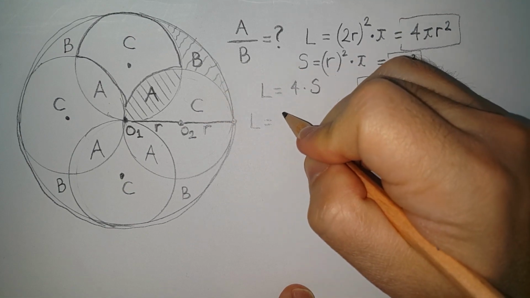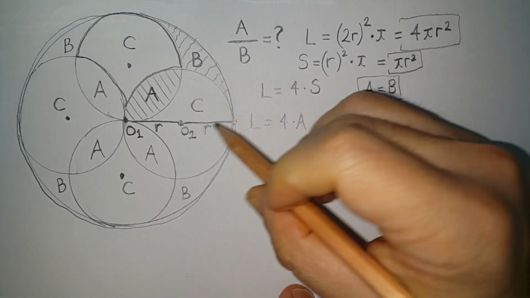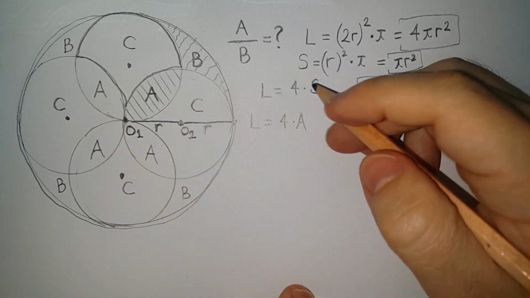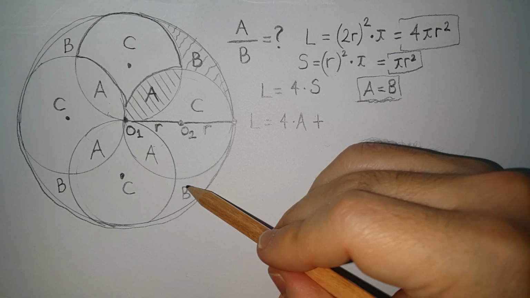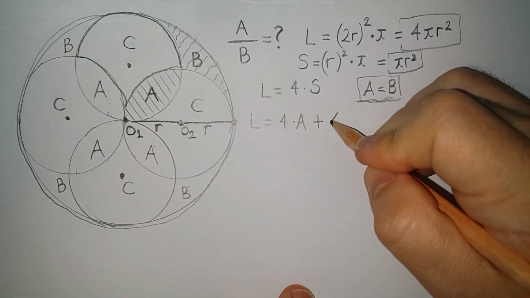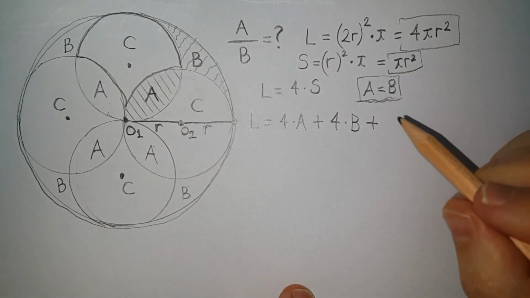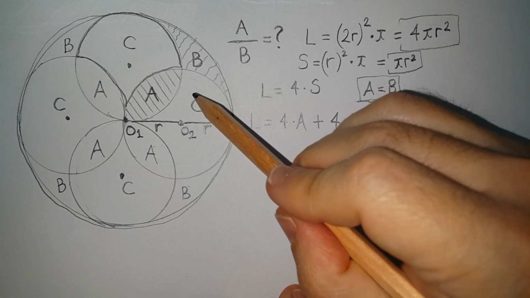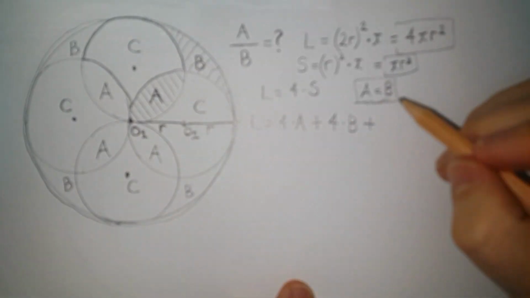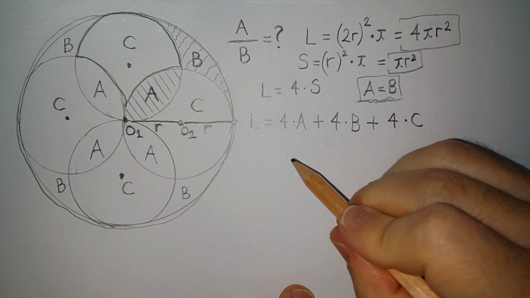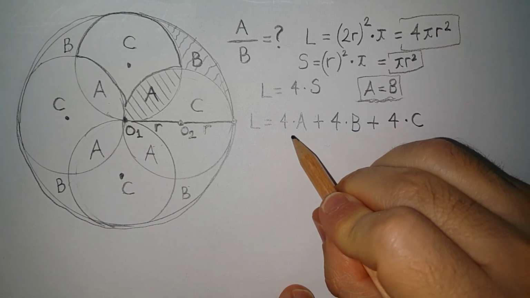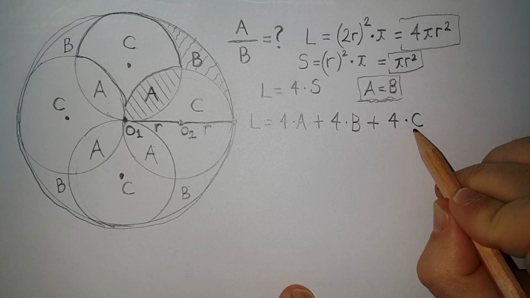First of all, it has 4 A's, right? 1, 2, 3, 4 A's. Plus, it has 4 B's. 1, 2, 3, 4 B's. Next, it has 4 C regions. 1, 2, 3, 4 C's. So the large circle over here has 4 A's, 4 B's, and 4 C's inside it.